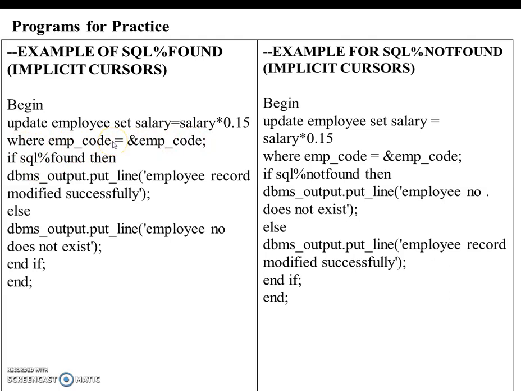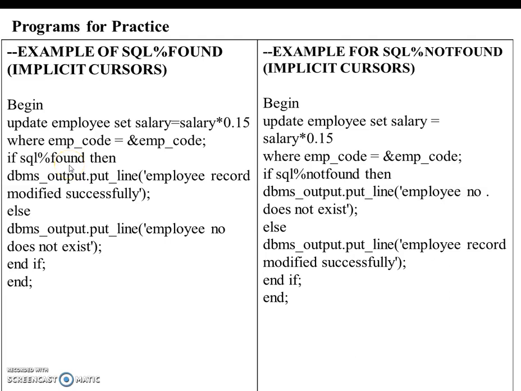So for a matching code, if a result is available or if a record is available, we are focusing on that point by using this if condition. So we are keeping the value as SQL%FOUND. Here SQL is a keyword followed by the % sign with the first attribute of the cursor, found.